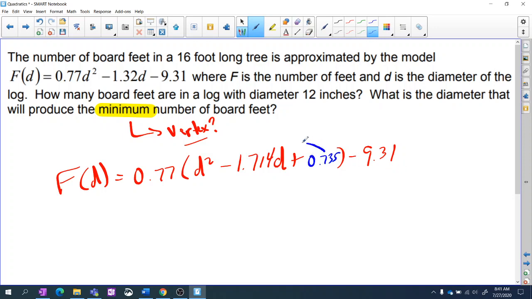And then you have to multiply that by your coefficient that's in front, which is 0.77, giving me 0.566. That would be a positive, so I'm going to subtract 0.566.